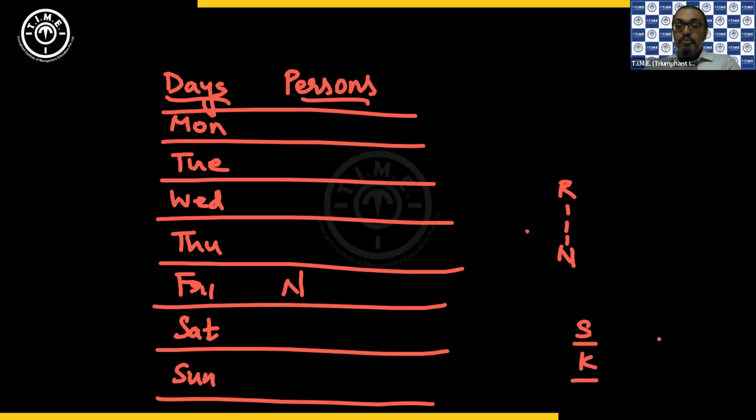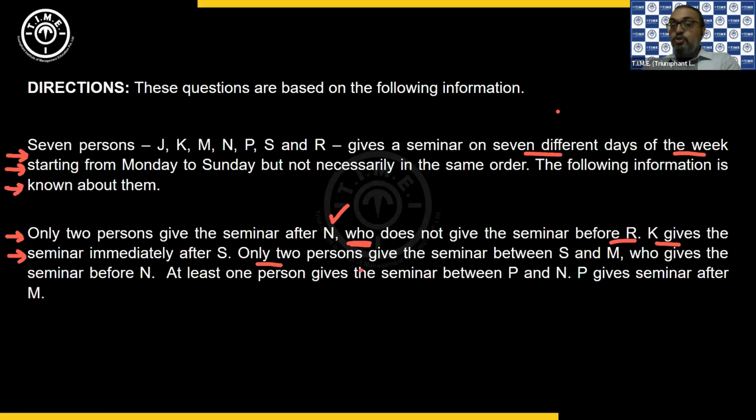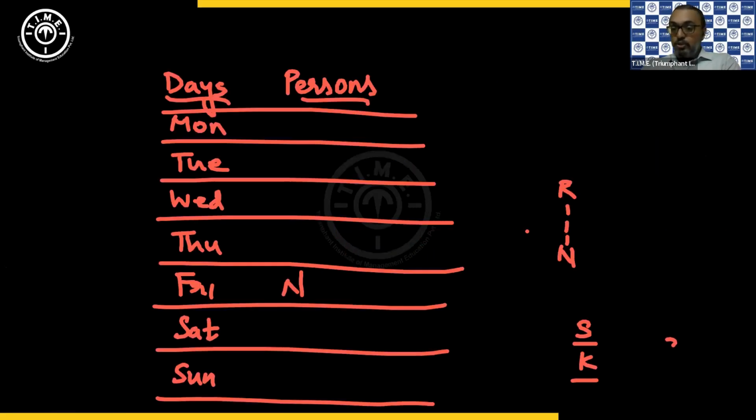Then only 2 persons give the seminar between S and M. M is also giving the seminar before N. Just like R, M is also giving a seminar before N. Right. So now we have some connecting persons here. So we can start fixing them.